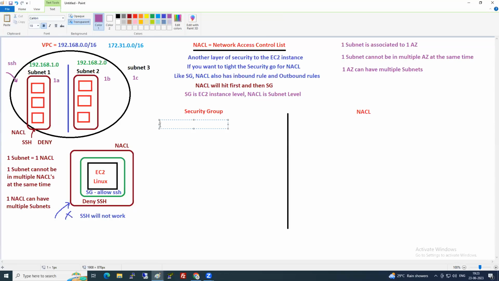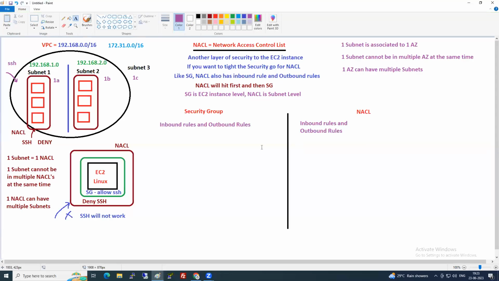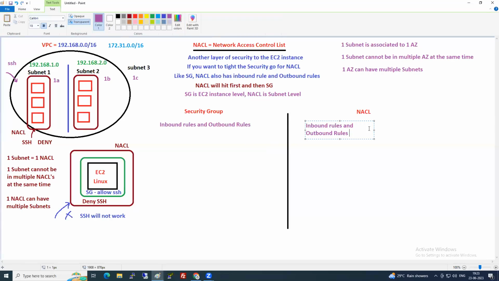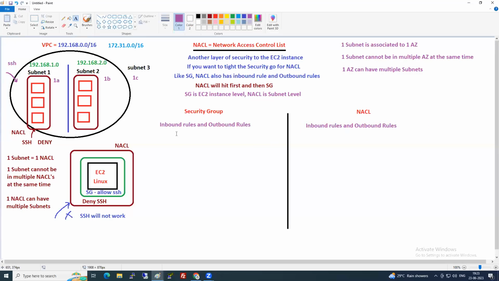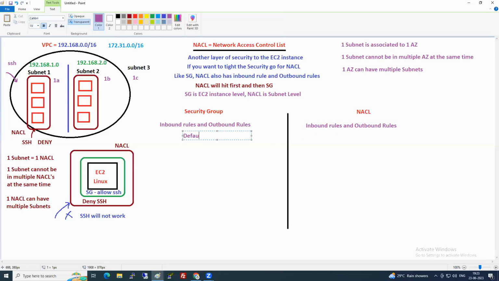In security groups, we have inbound rules and outbound rules. In NACLs also you have inbound rules and outbound rules. Very good. Do we have a default security group here?